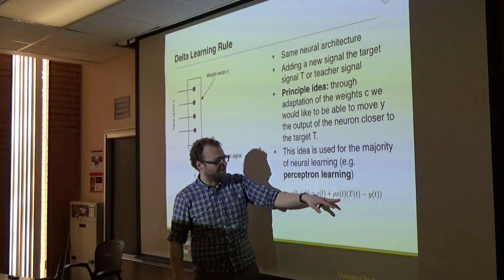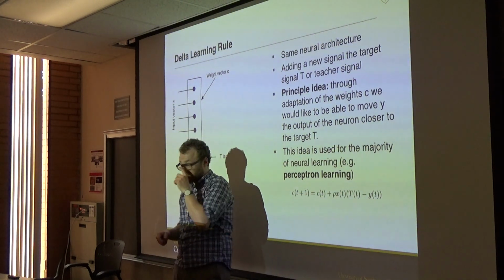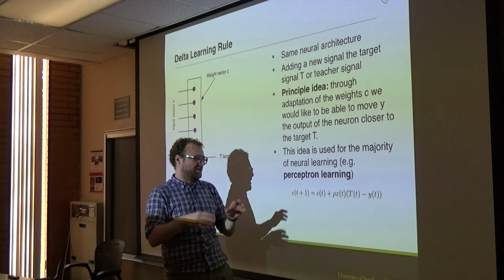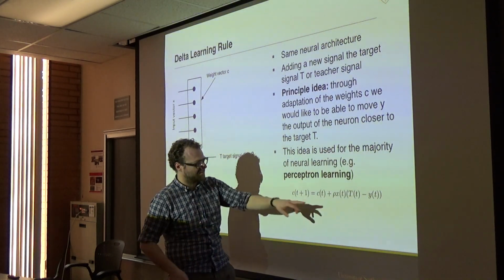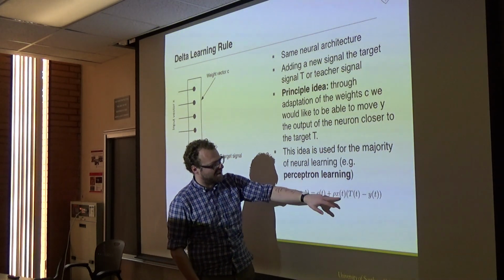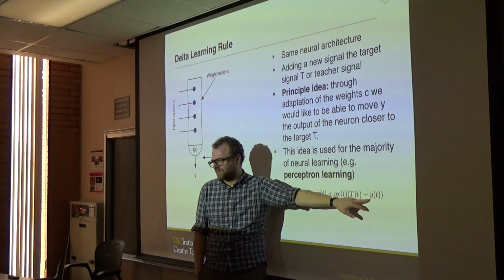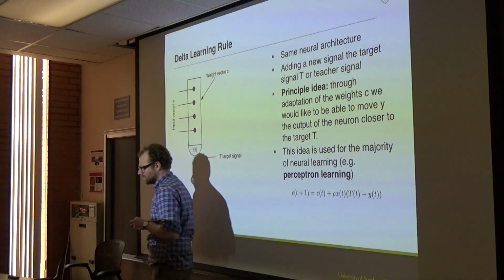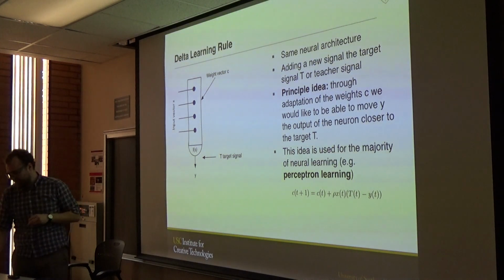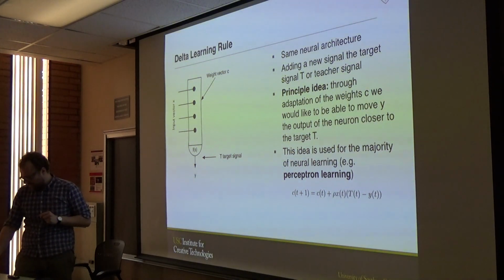Okay, and we're gonna have a small simulation of this that makes it more intuitive. And if this is 0, obviously we're not doing anything. So that's the main idea.